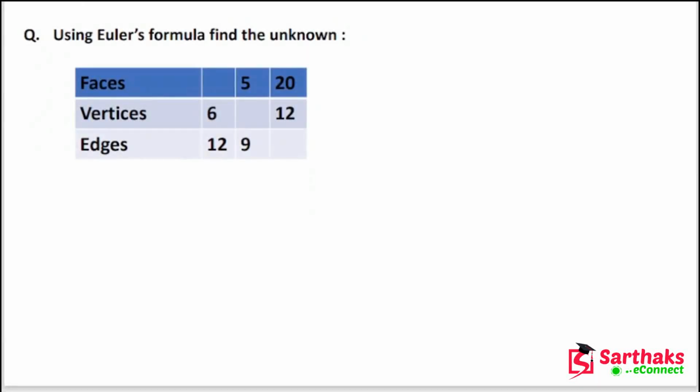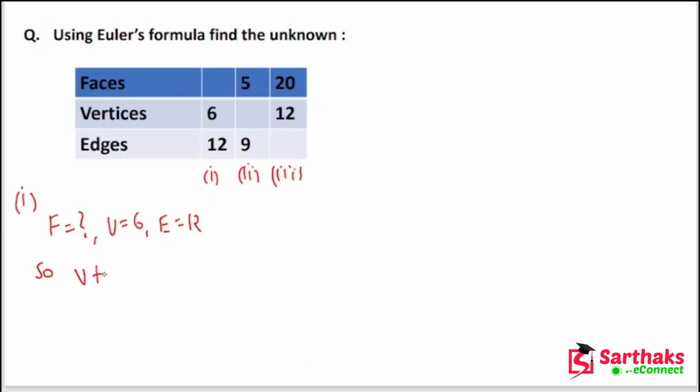Now this question says that using Euler's formula, find the unknown. Again, it is a very simple question, direct application of the formula. So we can easily solve it. If you take them as parts, you can clearly see in the first row, in the first part, f is equal to unknown, v is equal to 6 and e is equal to 12.